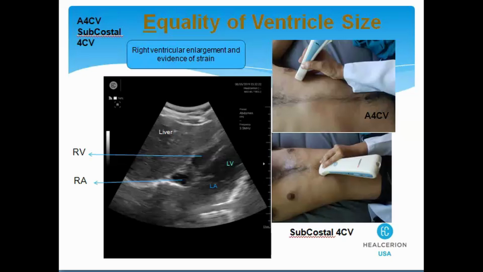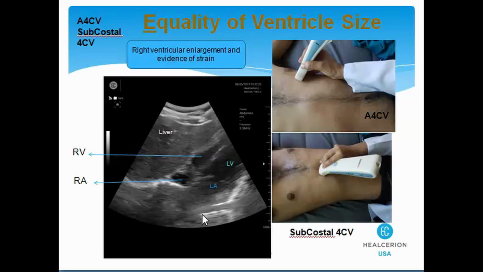Now we were left with the apical four-chamber view and the subcostal view, and both these windows help you to view the four-chamber views of the heart, and where you can see the equality of the left ventricle and the right ventricle sizes.